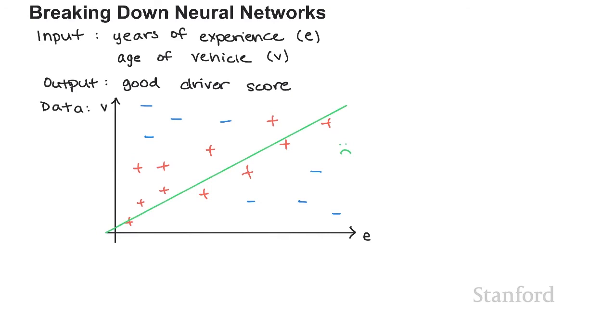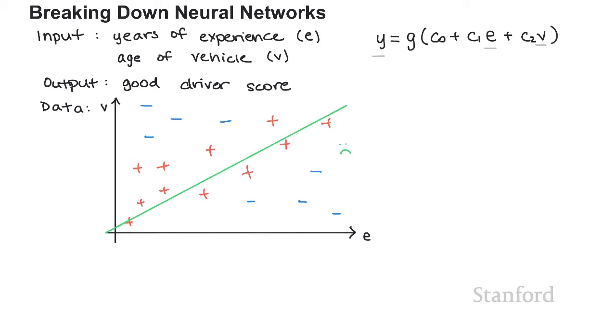So let's backtrack for a second. Remember how we're able to express the logistic regression model as the formula y is equal to the sigmoid function with C0 plus C1e plus C2v passed in, where we have e and v as inputs and y as an output?